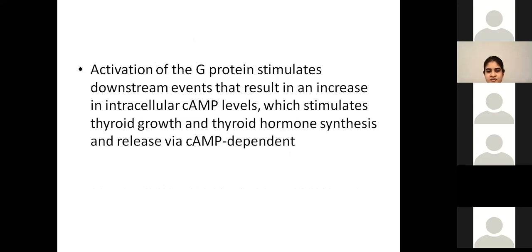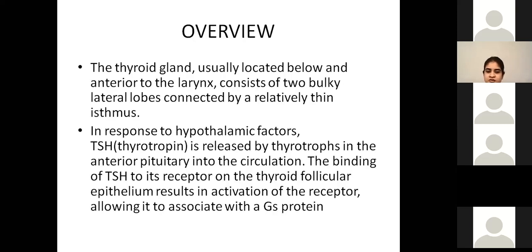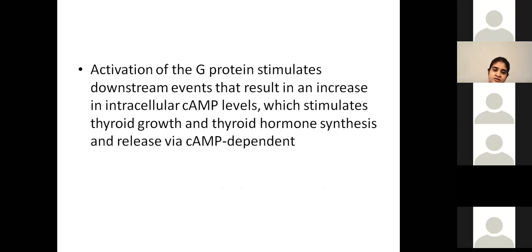So overall, we've got two factors, TRH and TSH, which are both very important. TRH is released, causing release of TSH. That TSH will attach itself to the receptors on the thyroid gland, resulting in activation of G protein, then activation of cAMP, then resulting in production of thyroid hormones.